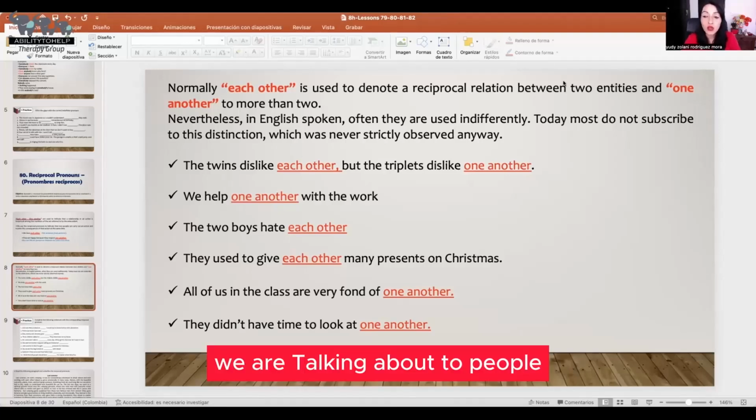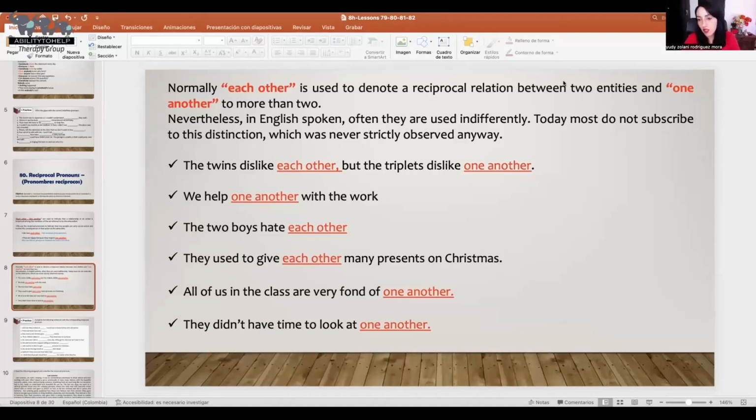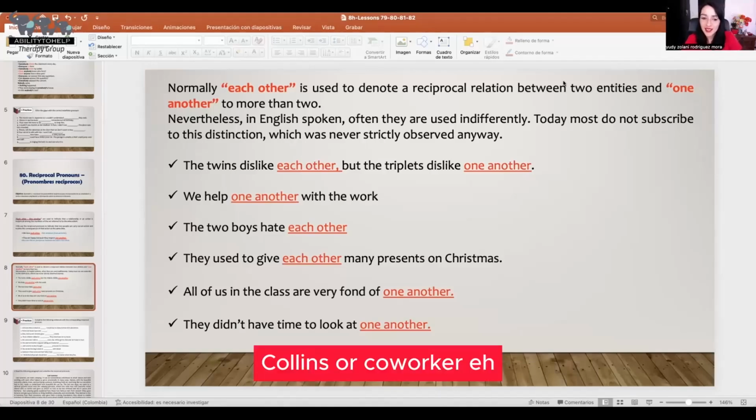We are talking about two people, me and another person. And I am explaining to you that we help one another with the work. It's probable that we are colleagues or co-workers.